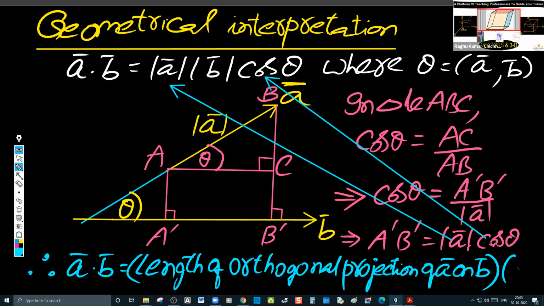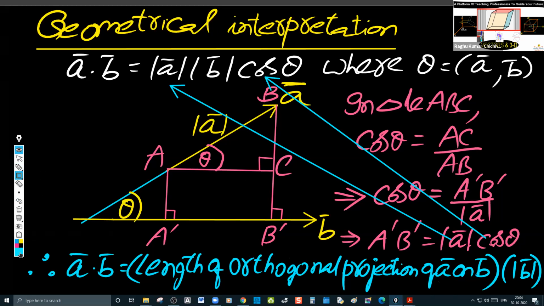This is the geometrical meaning of A dot B. Understand this. So when you are finding the dot product, you have to understand that it is nothing but the orthogonal projection of A bar on B bar into the length of B bar. That is the geometrical meaning of A dot B.